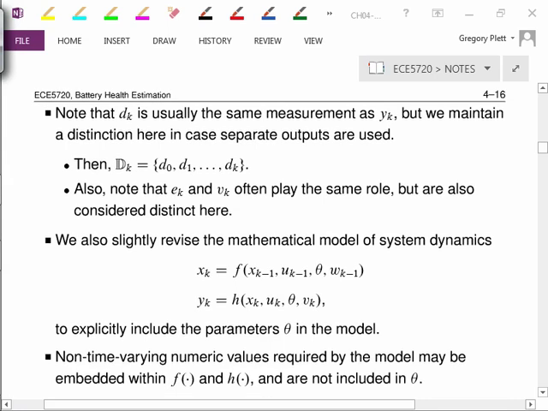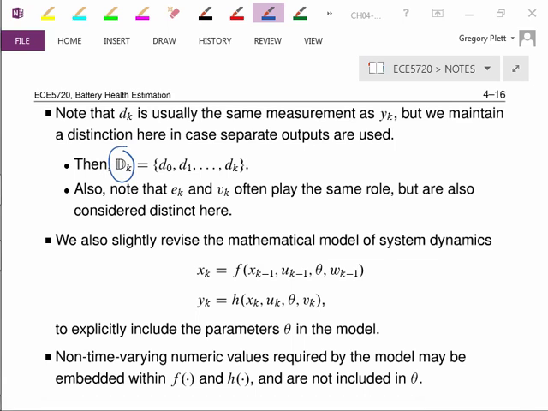Remember what we did last chapter: I use this fancy font to indicate a collection or set of measurements. So fancy D_k is the collection of all measurements from time 0 up to time k. And the e_k, the sensor noise here, may be the same as the v_k sensor noise we considered last chapter. This is not voltage, by the way, it's noise. They often play the same role, but they might be different, so I'm using a different letter just in case.